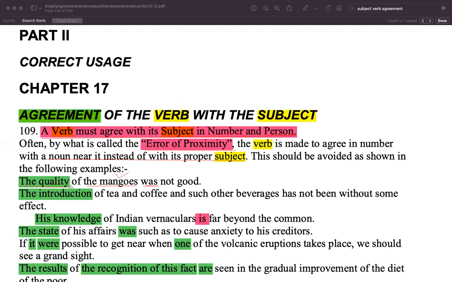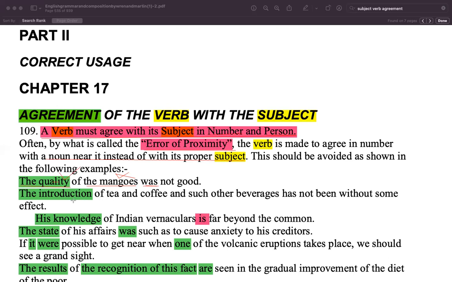This is the subject, and the noun nearest to the verb cannot be considered as the number the verb will take. So the quality is singular. So that's it: the quality was not good. It's not about the mangoes, right?